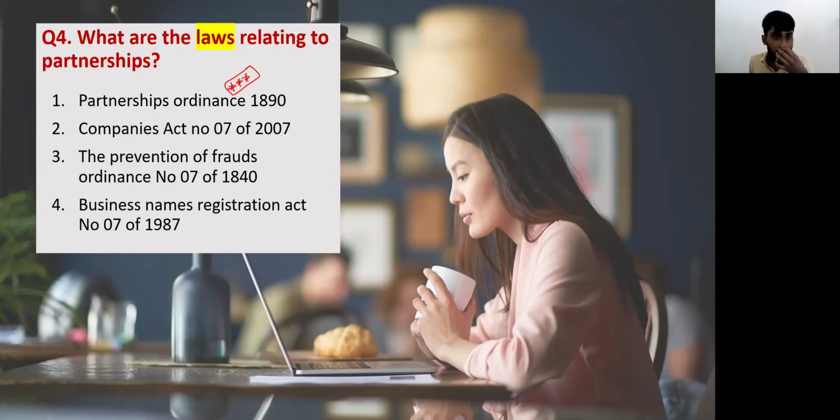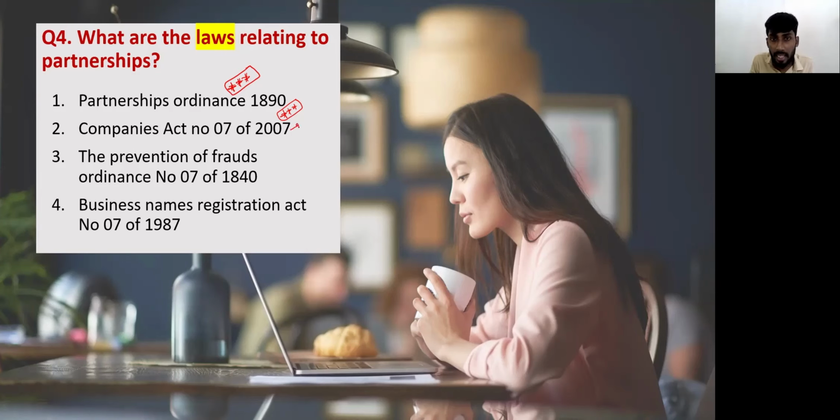Then Companies Act number 7 of 2007, my dears. For what purpose is this Companies Act number 7 of 2007 required? In a partnership, we say at least two partners should be there. That at least two partners is mentioned in the Partnership Ordinance. But the Companies Act says the maximum number of partners in a partnership shall be limited to 20.